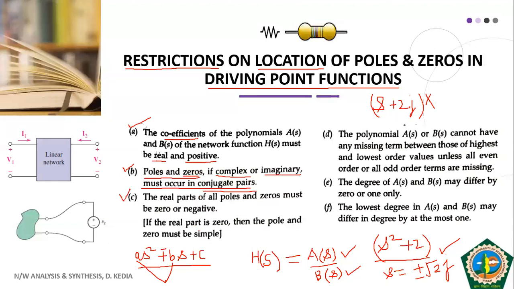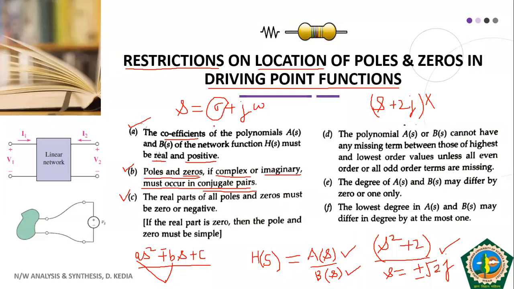Then the third condition. The third condition is that the real part of all poles and zeros must be 0 or negative. What does it mean? Like, if you have a pole or zero as a complex number, I told you that your complex number is represented in the form of sigma and j omega. So if you have s is equal to sigma plus j omega, then sigma is the real part.